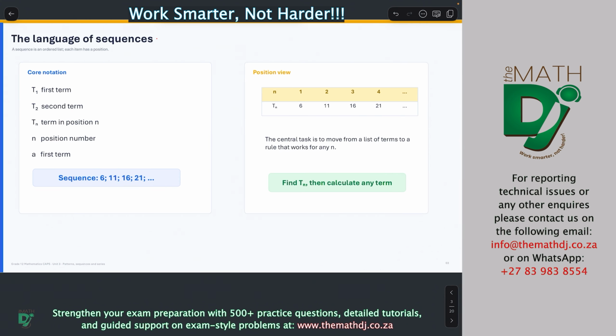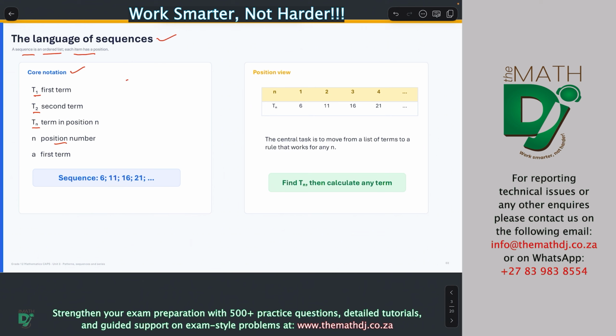So let's move on. We're going to look into the language of sequences. A sequence is an ordered list. Each item has a position. So let's look at the notation. The first term is termed T1, second term T2, nth term is Tn, where n is the position number.